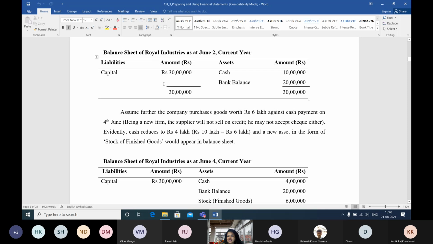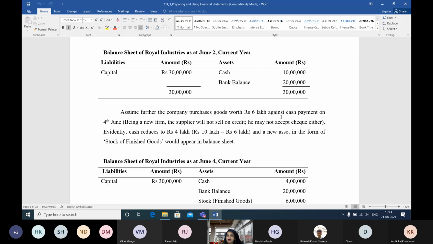Capital still remains 30 lakhs. Just that some of the cash, now you have opened a bank balance and you have a bank account and you have deposited money in the bank. So cash will go down and bank balance will increase by 20 lakhs, again giving you a total assets of 30 lakhs. So see how step by step the balance sheet keeps on getting populated.